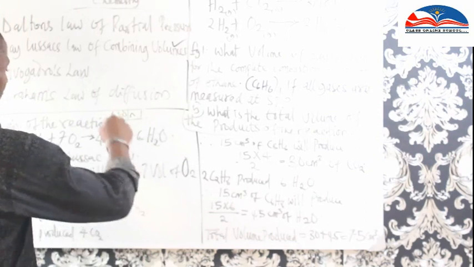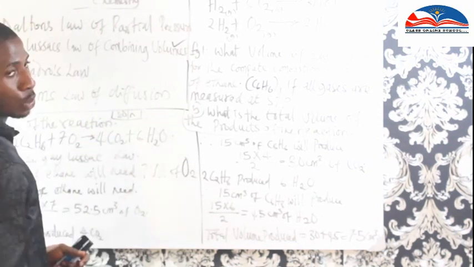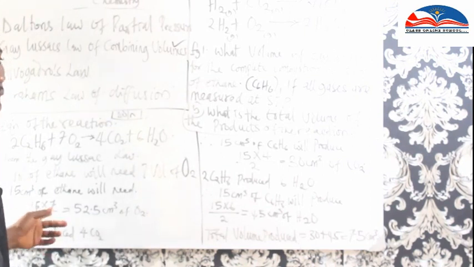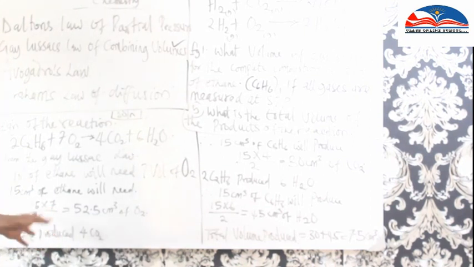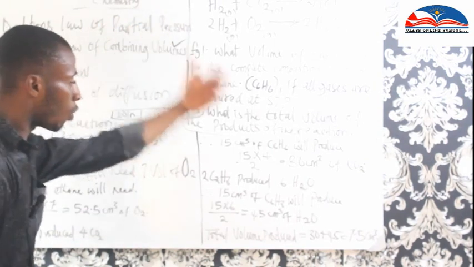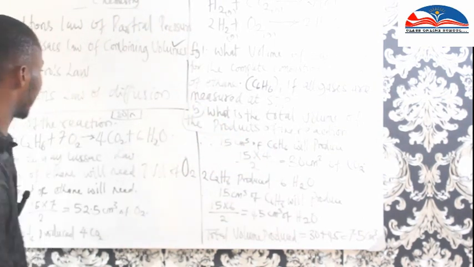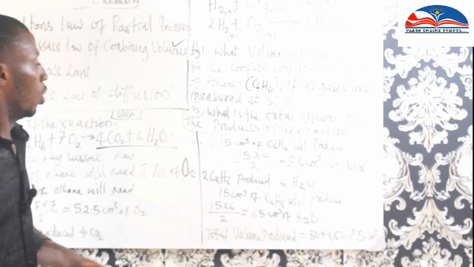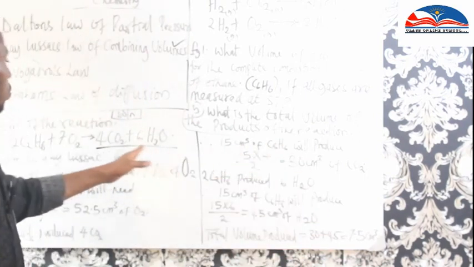It lies on our calculation from the reaction. Now if we have 15 times 7 divided by 2, it produces oxygen.